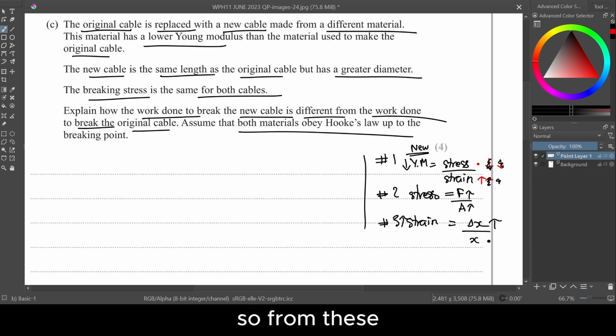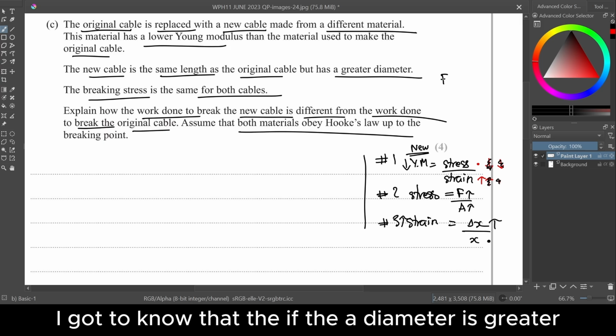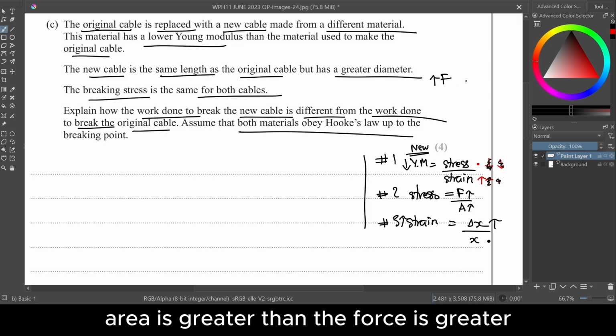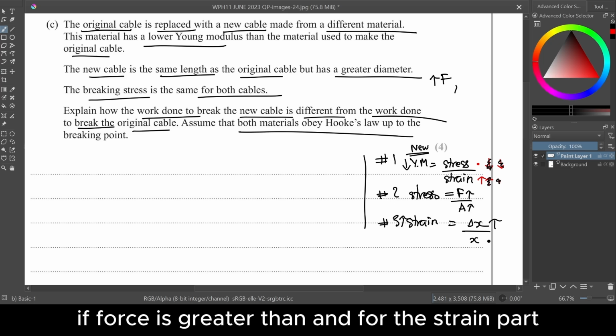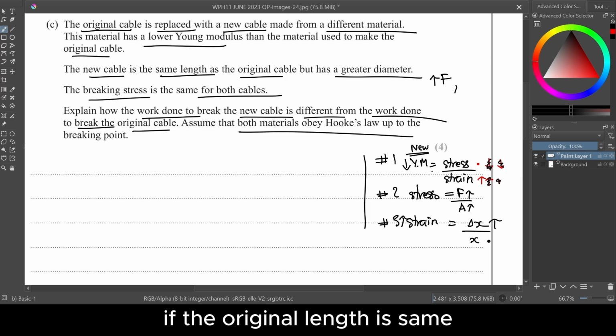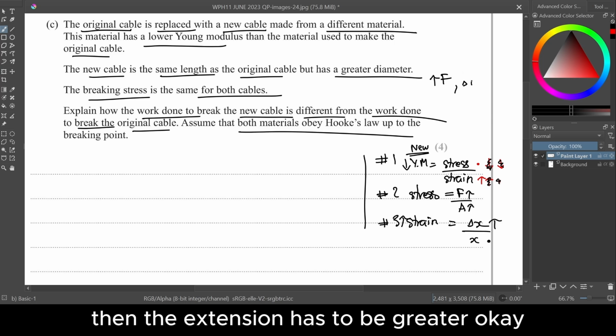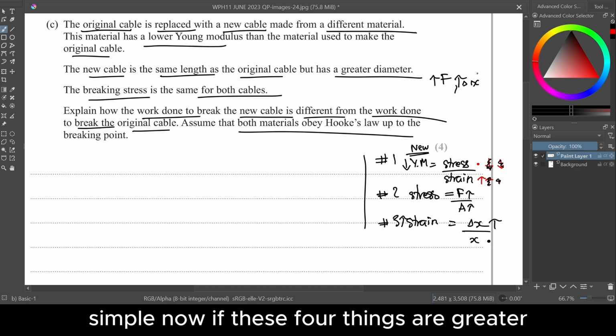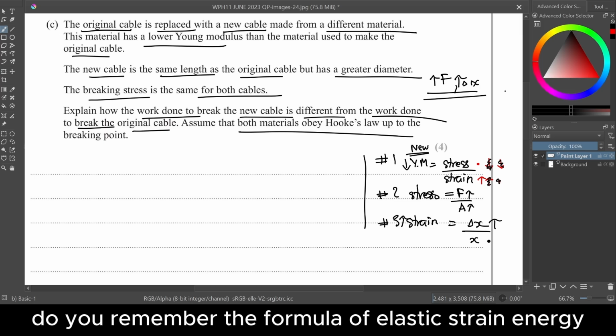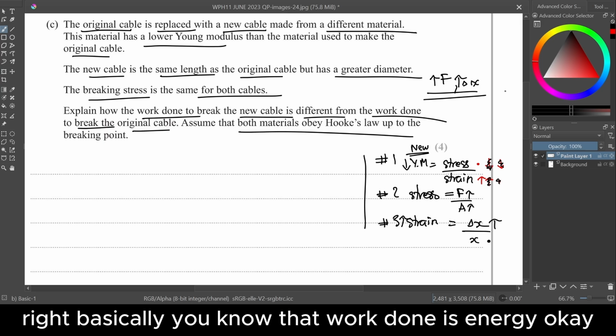Okay, so from these I got to know that if the diameter is greater, area is greater, then the force is greater. And for the strain part, if the original length is same, then the extension has to be greater. Now if these both things are greater, do you remember the formula of elastic strain energy, right?